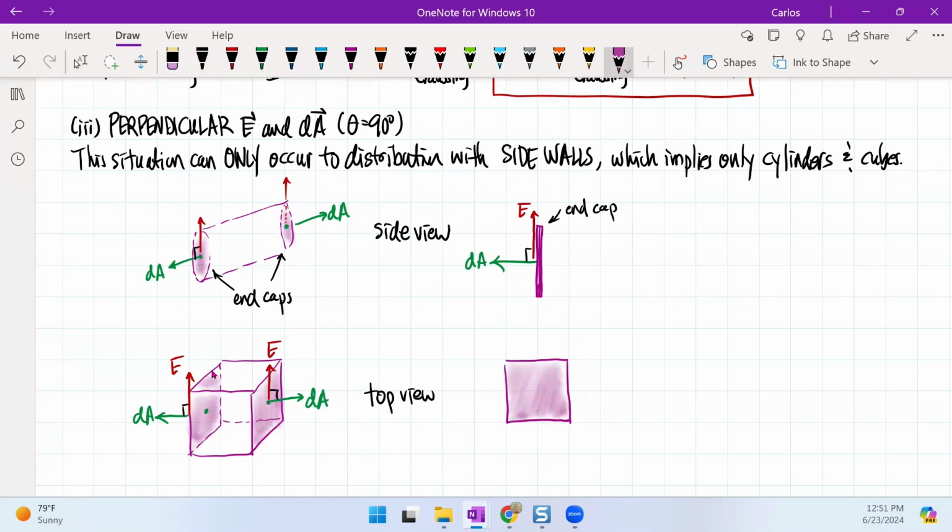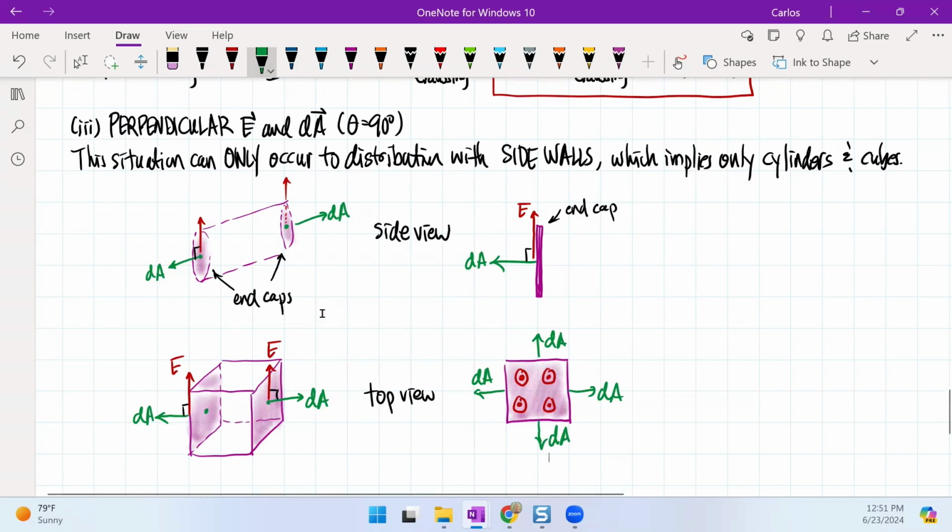And so I'm seeing the electric field coming up. So if I'm seeing the electric field coming up, you could see here that I have 4 areas of each of the sidewalls. And they're all going to be perpendicular.